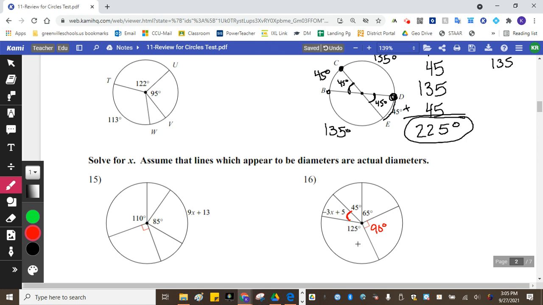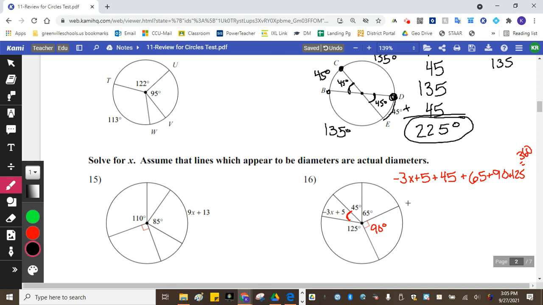So if I add all of these angles up, it's going to equal 360 degrees. So I'm going to write that all up. So 3x plus 45 plus this one plus 65 plus 90 plus 125 equals 360.